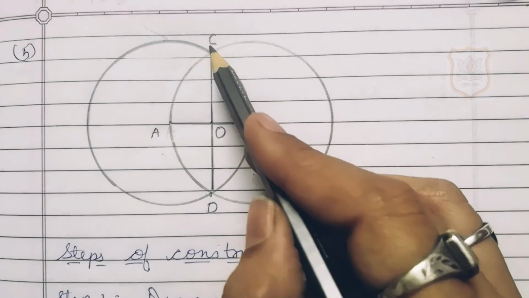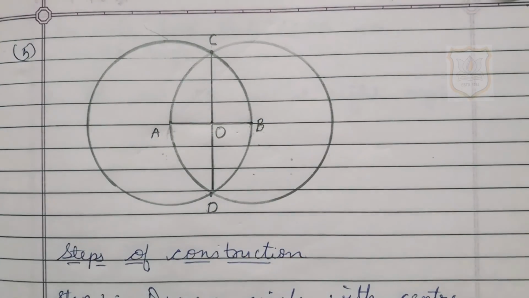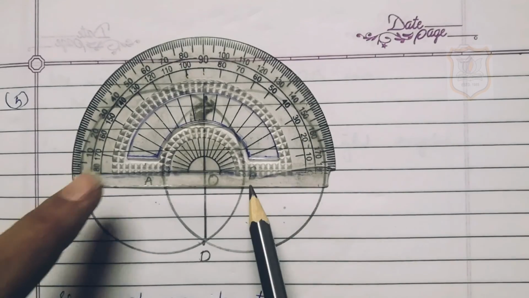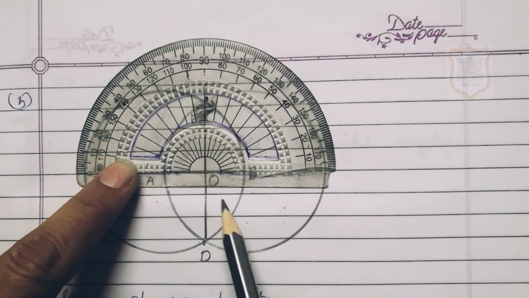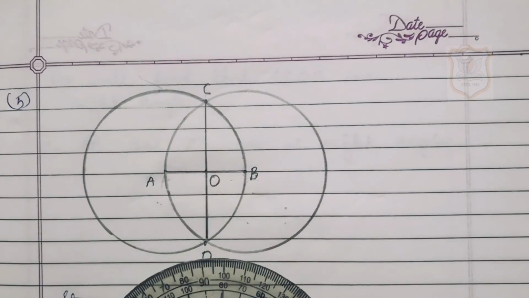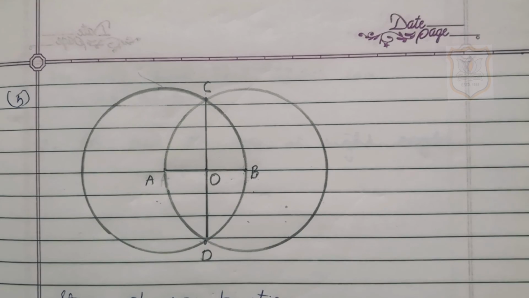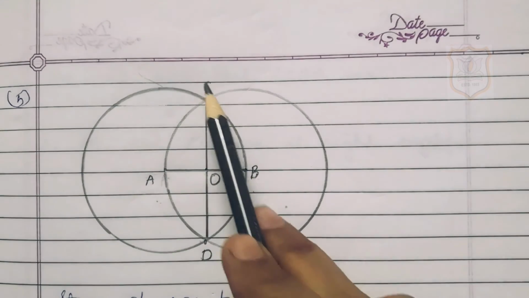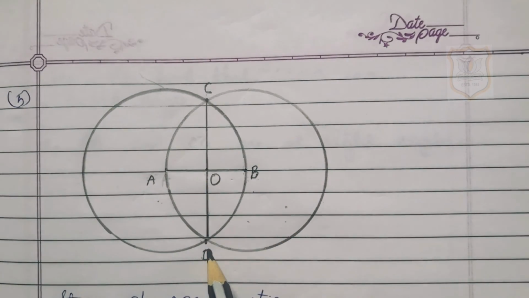Now we have to measure this angle COB with the help of a protractor. We will find that the measure of angle COB is 90 degrees. So we can say that line segment AB and line segment CD are at right angles.